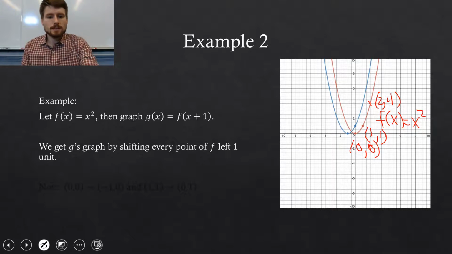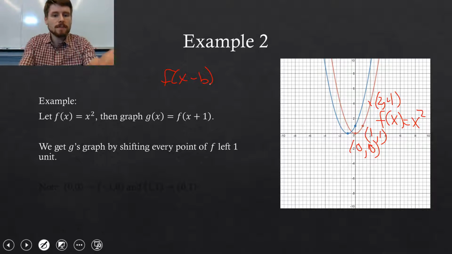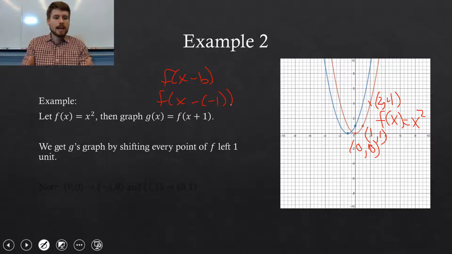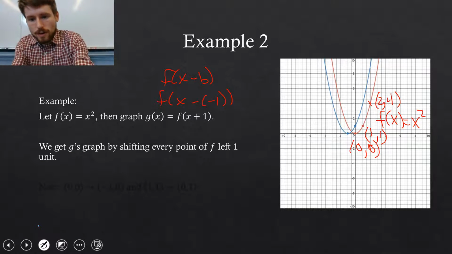And because our function was f of x minus b, that means add b to everything. And in this case, this is f of x minus negative 1. And so we're adding negative 1 to everything. Okay, so everything gets moved left by 1. All right, so where did those points go?